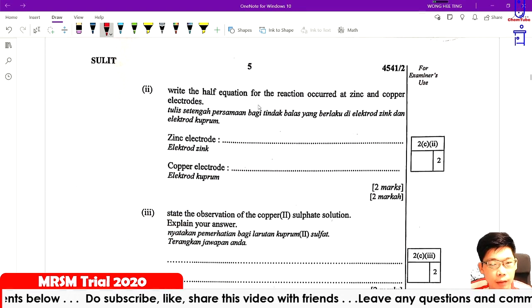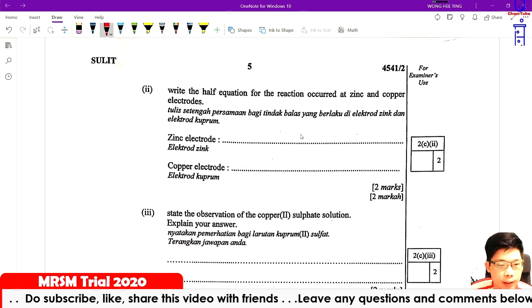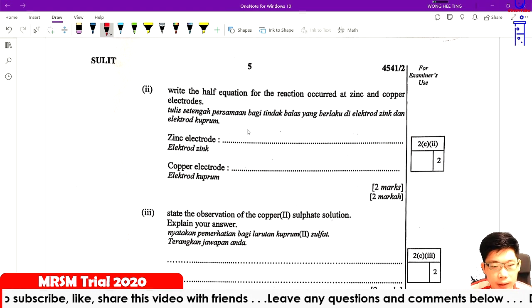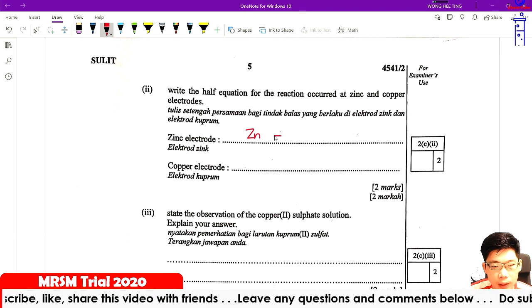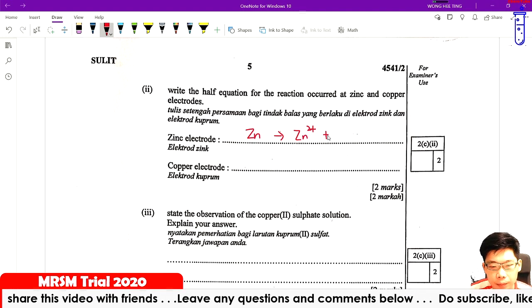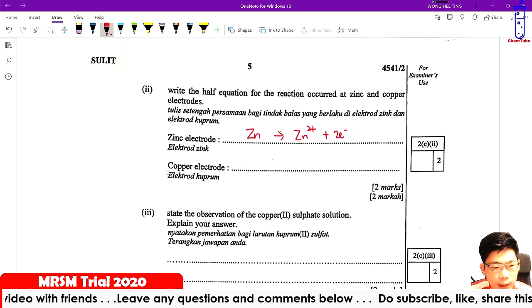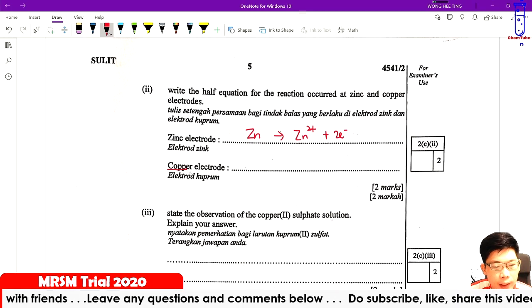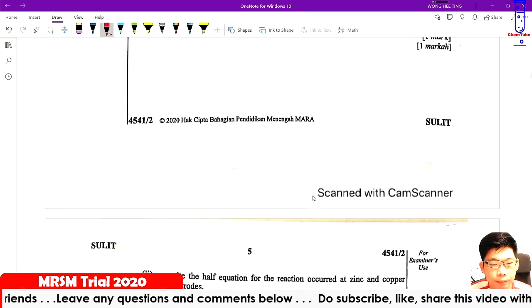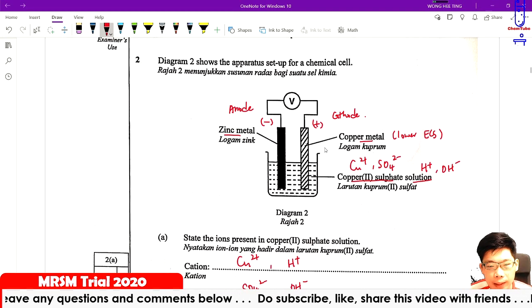So write the half equation occurring at the zinc and the copper electrodes here. Just now I mentioned already, zinc undergoes oxidation, producing zinc ion, losing 2 electrons. Now we look at the copper electrode here.